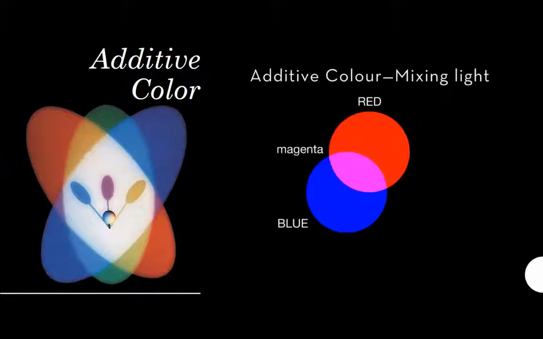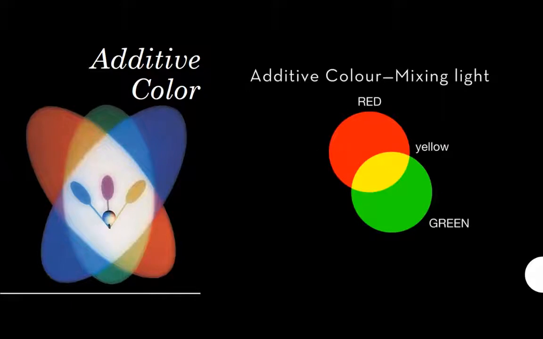When the red and blue cones are both stimulated, we see magenta. Red light plus blue light produces magenta light. Magenta is a secondary additive color. When the red and the green cones are both stimulated, we see yellow.